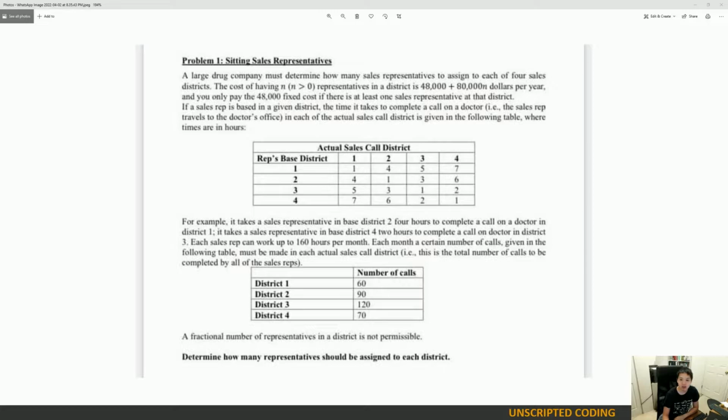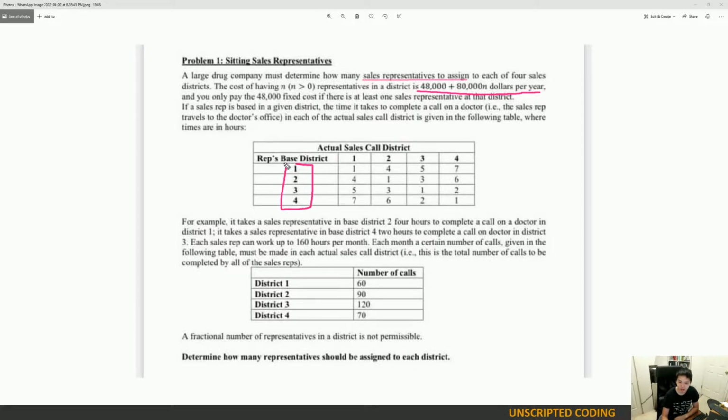Today our topic is optimization. In front of me is a piece of accounting homework, not my own, but the idea here is a very classic business accounting type problem. You have to assign a number of sales representatives, and they cost a certain amount of money.